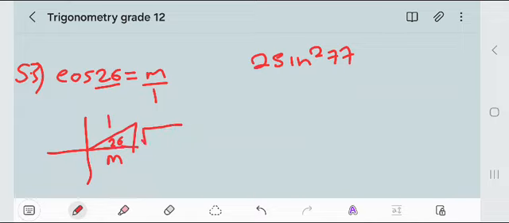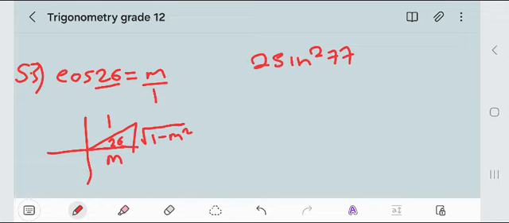This is obviously going to be 1 minus m squared.